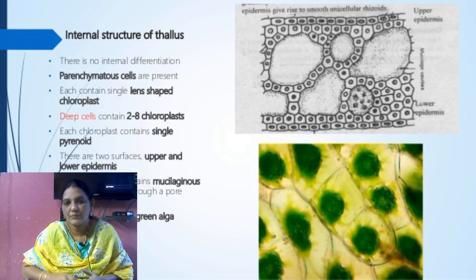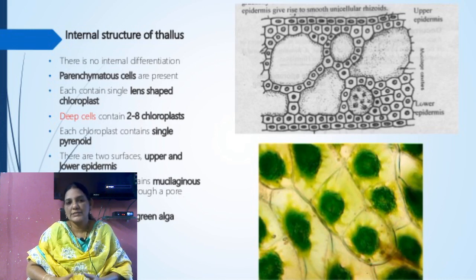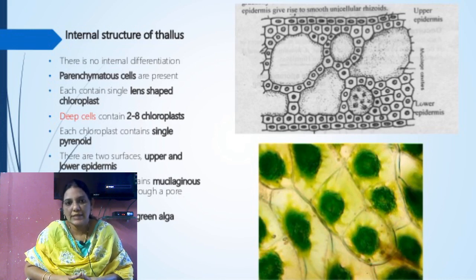In the middle region some cavities are present, and those cavities are filled with mucilage. So they are called mucilage cavities. Nostoc colonies are present in the mucilage cavities.